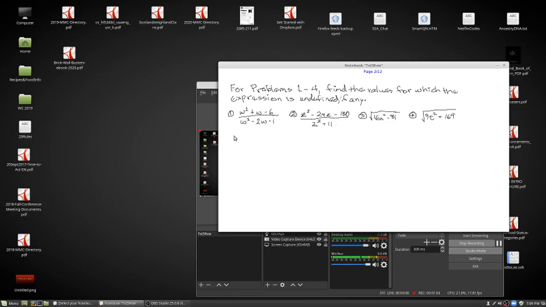So for problem number 1, we're interested in when w squared minus 2w plus 1 is equal to 0. Well, this factors into w minus 1 squared.